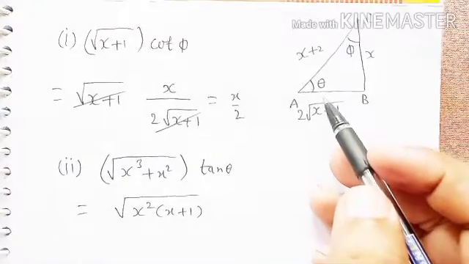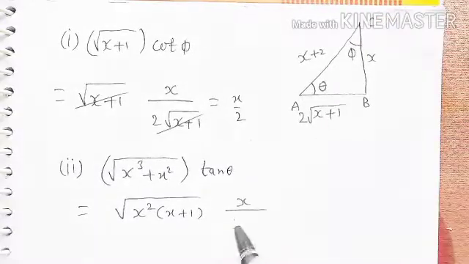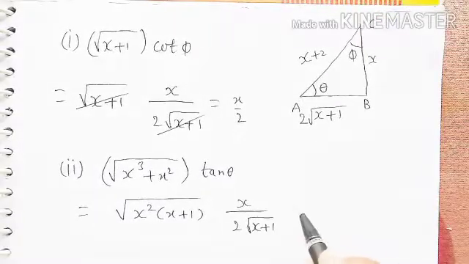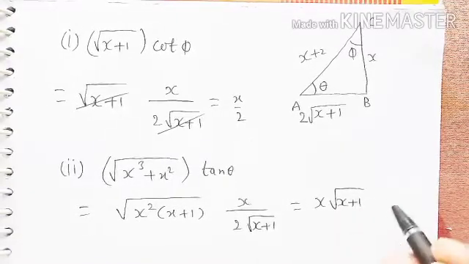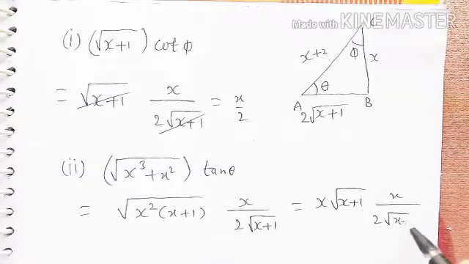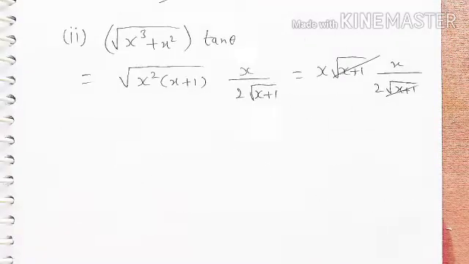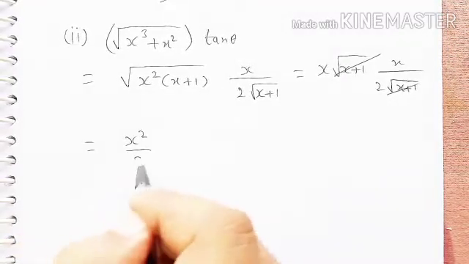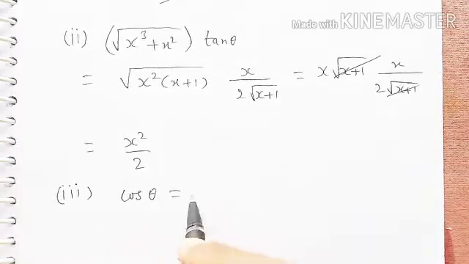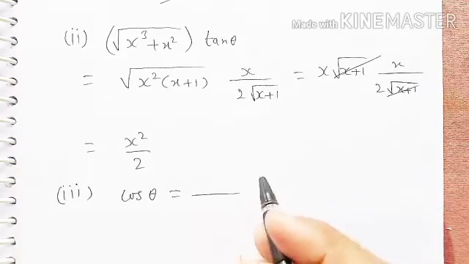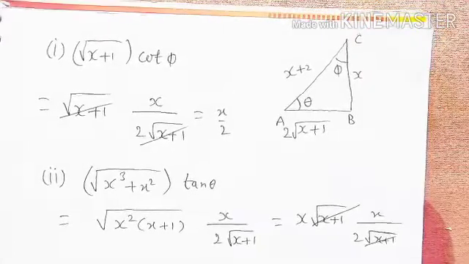For theta, perpendicular will be opposite side x and base will be adjacent side. So here square root of x square is x. Now these square roots are cancelled, so we have x square by 2. Now third one is cos theta, and cos theta is base by hypotenuse. For theta, base is 2 root x plus 1 and hypotenuse is x plus 2.